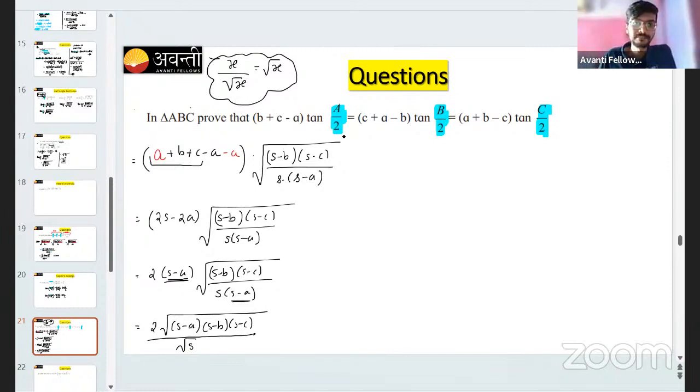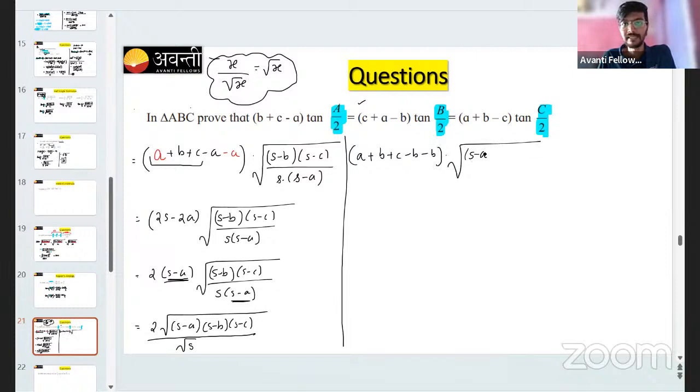So let's simplify the second one, this one. Here I added and subtracted A, so can you tell me what should I add and subtract here? You are correct. I should add and subtract B. So I'll get A plus B plus C minus B minus B, put into tan B by 2, which is S minus A into S minus C upon S into S minus B. So what I'll get here is A plus B plus C is 2S minus 2B, and I'll write it the same.